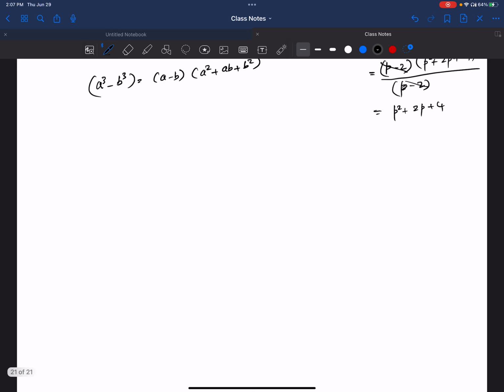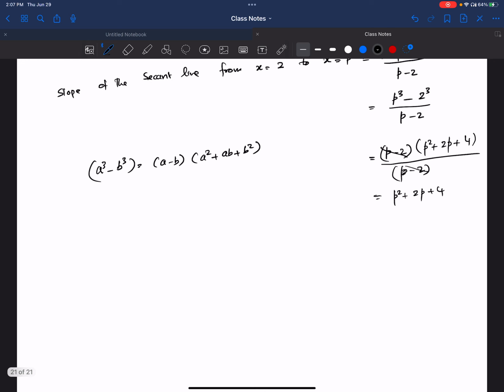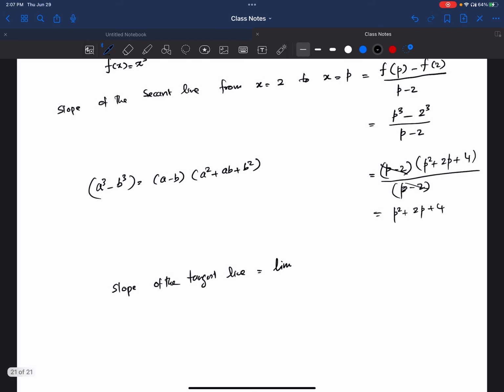Now, if I want to find the slope of the tangent line, I have to take the limit. What I have to do is move p towards 2.